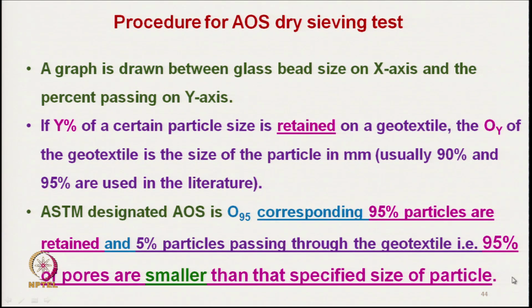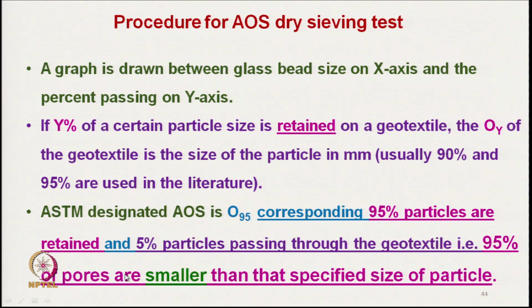That means 95% of the pores are smaller than the specified size of the particles. That is the meaning of O95, because 95% of particles are retained. So, the amount of particles retained we measure as apparent opening size.